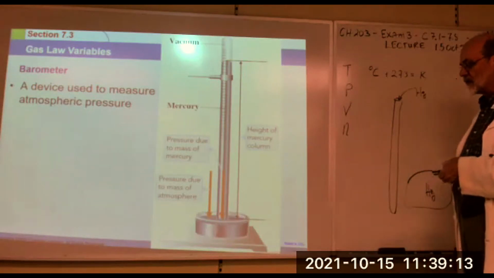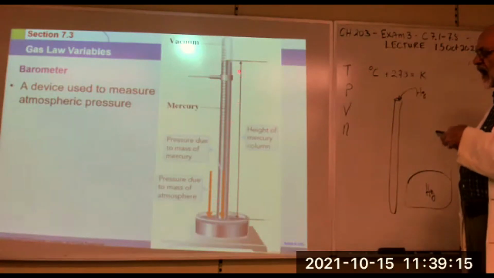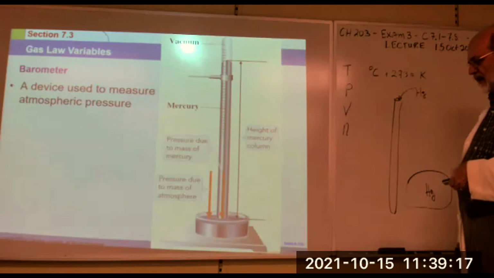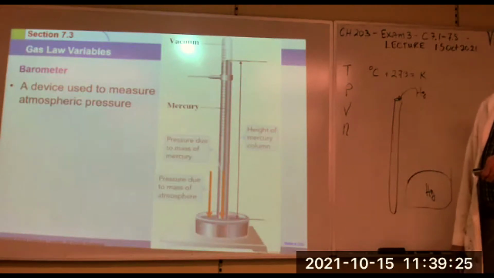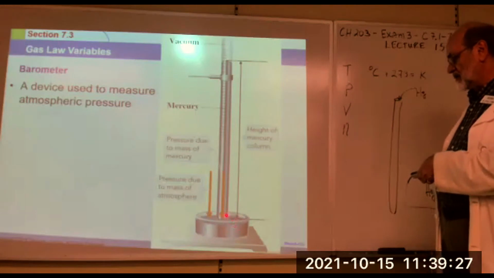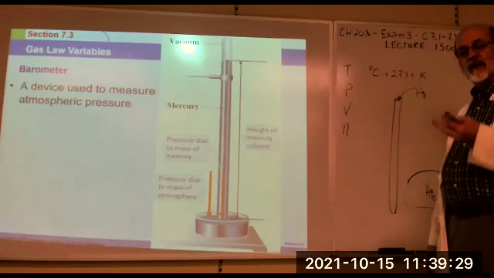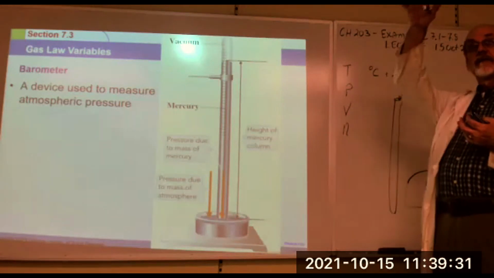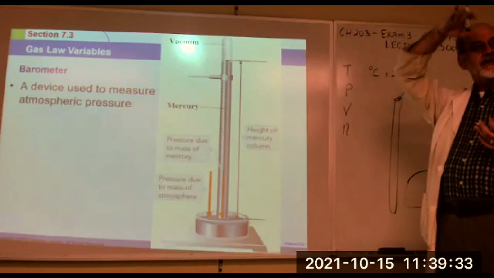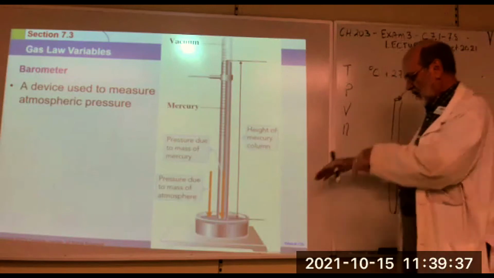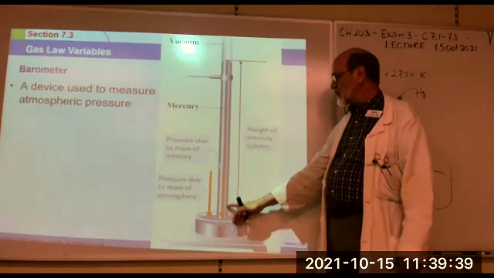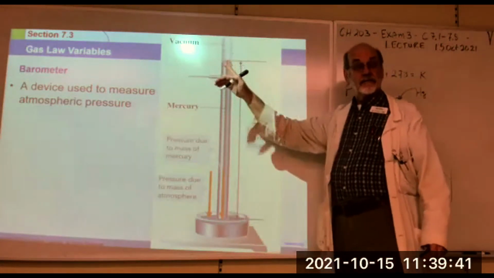But he reasoned that something was holding this column up. Right? It wasn't the pressure from the mercury, right? But this column had a certain mass and it exerted a pressure. And it was being held up, he reasoned, by the Earth's atmosphere, the gas above it. It was thick enough that it bore down on this column with enough force to hold that column up.